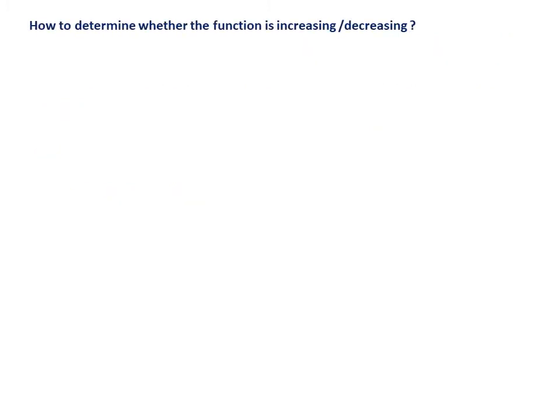Now how to determine whether the function is increasing or decreasing? This is the next question. One method I have already shown while introducing: draw the graph, then decide. This is one method, definitely. But we don't want to draw the graph because every time drawing a graph is difficult.